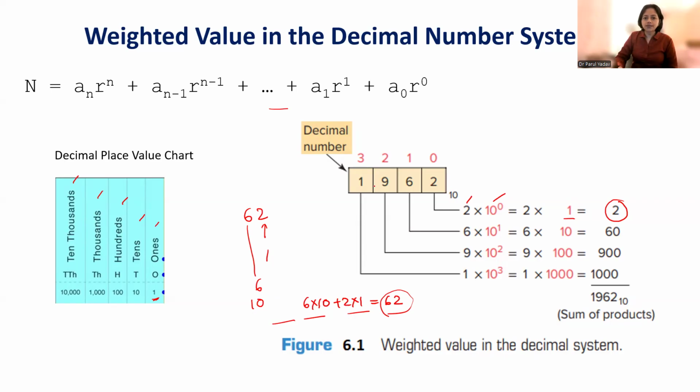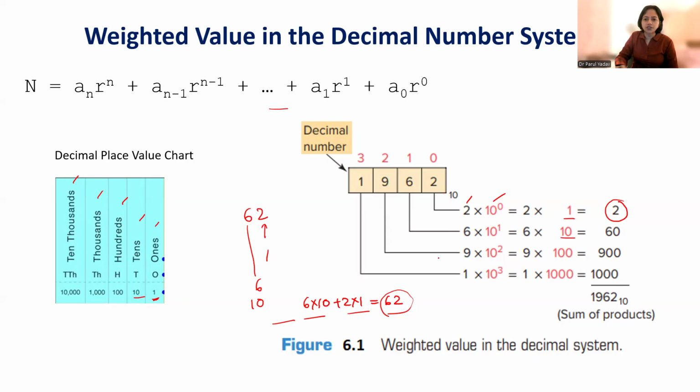2, 6, 9, 1. They are all face values. We will multiply every face value with its place value. So this is 2, and its place value is 1. So we will multiply it by 1. 2 into 1 will give you 2. Now this is 6. Multiply 6 with its place value, which is 10.